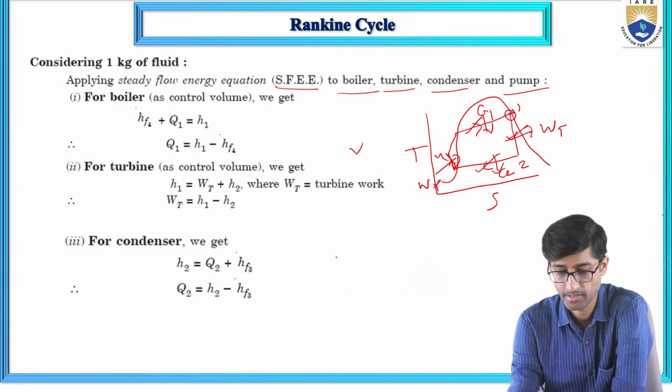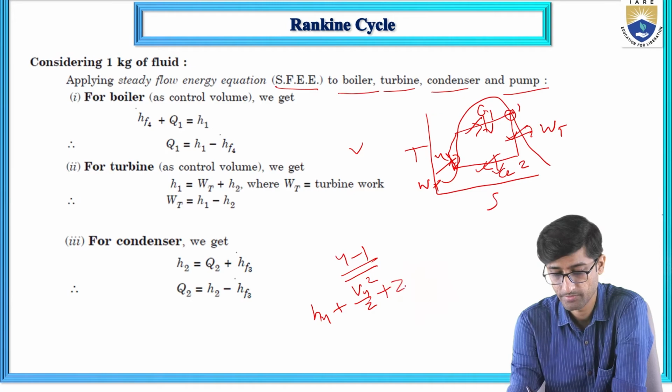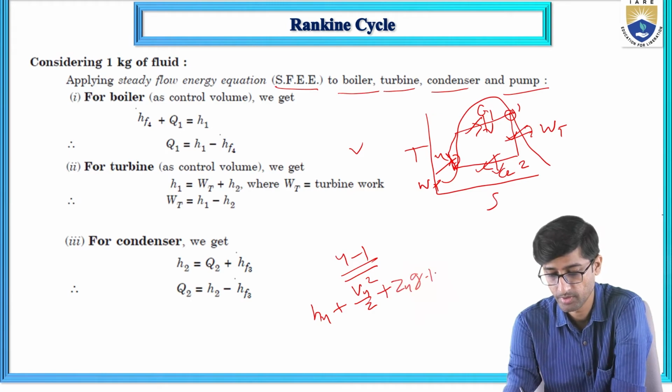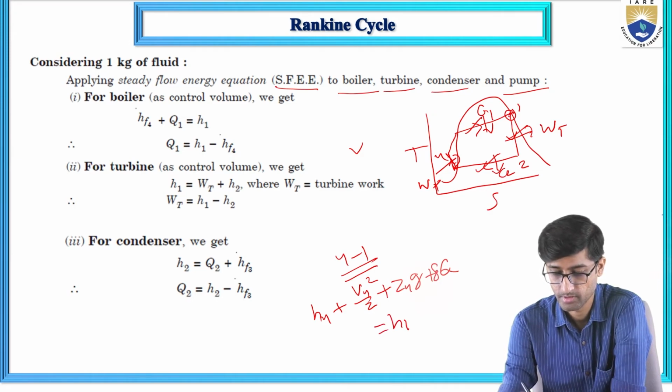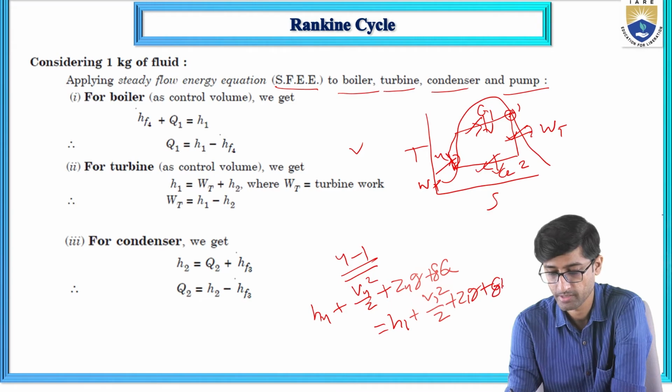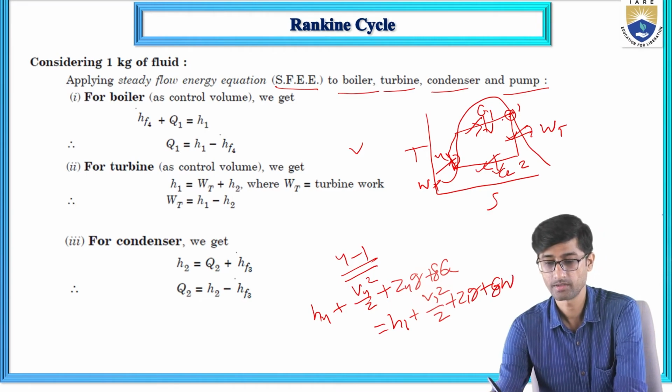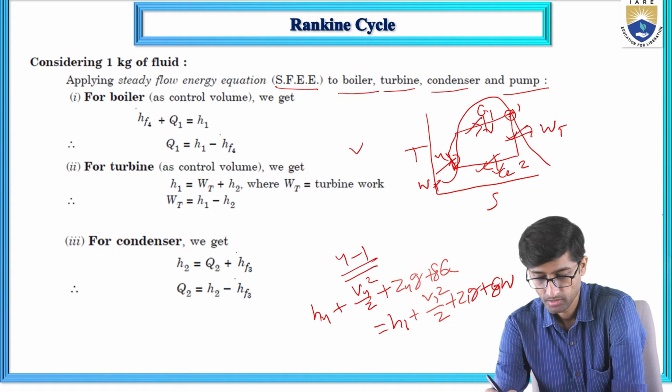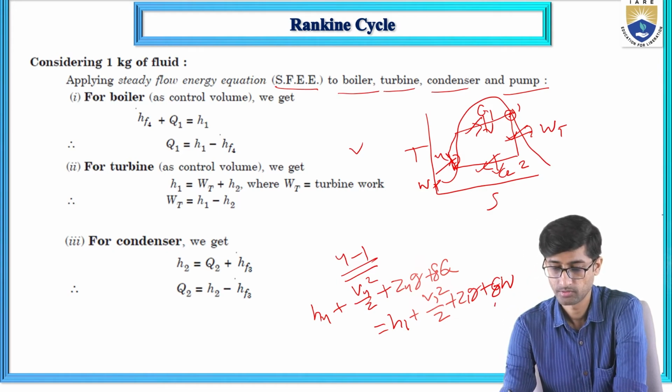If you write the 4 to 1 process for the boiler: H4 plus kinetic energy V4 square by 2 plus potential energy Z4g plus heat transfer is equal to H1 plus V1 square by 2 plus Z1g plus work transfer. Now in the boiler, there is no work transfer, so this is 0.